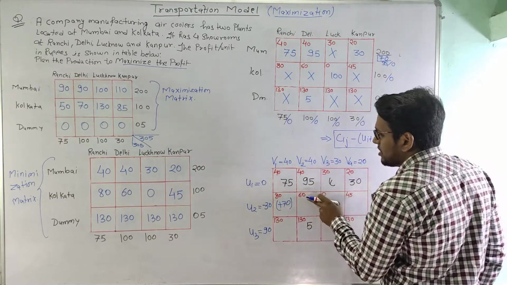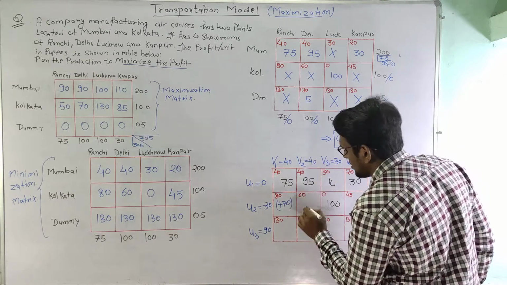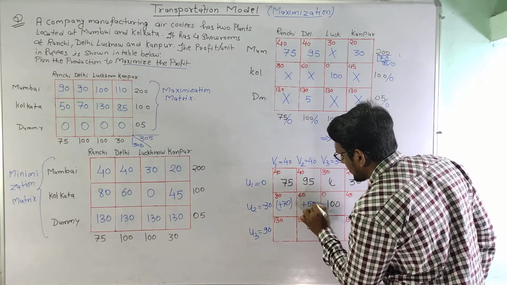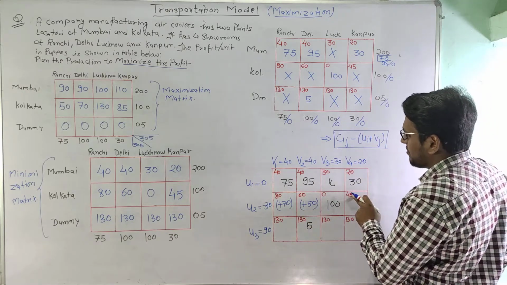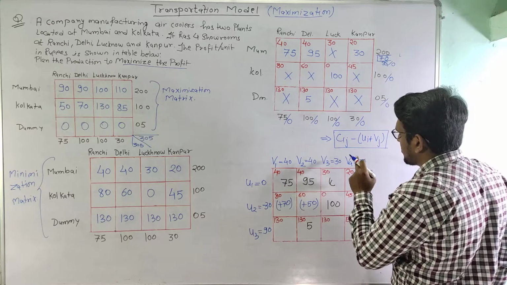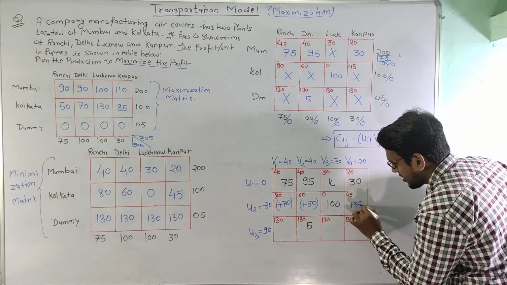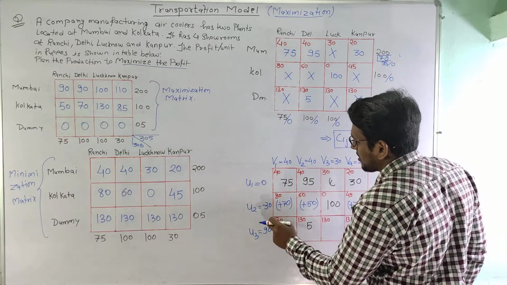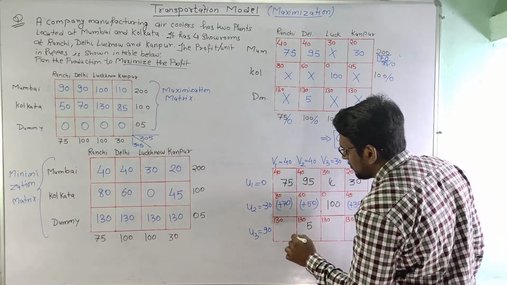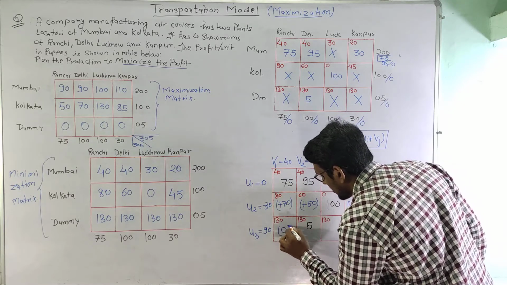Here 60 minus (minus 30 plus 40), that means 60 minus 10 is plus 50. Here we have 45 minus (minus 30 plus 20), 45 minus 10 is plus 35. Here 130 minus (90 plus 40), so this will be 130 minus 130, which is 0.